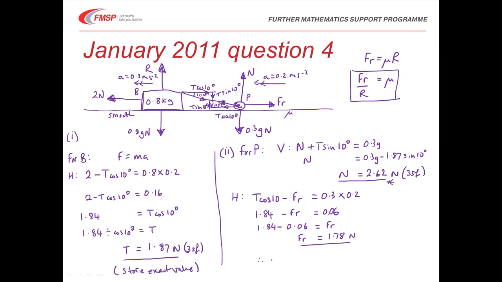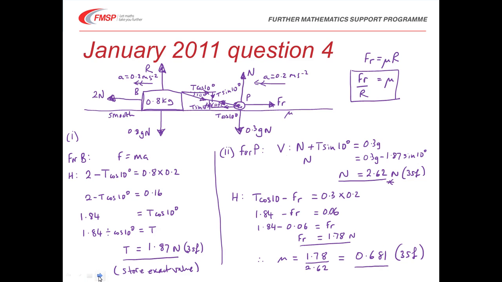So given what I know, mu equals the friction, which is 1.78, divided by the reaction force, that's the normal force I've called N, 2.62. Of course, I've used the stored value in my calculator for maximum accuracy here, and that gives me 0.681 to 3 significant figures. And just to say, coefficient of friction doesn't have units.